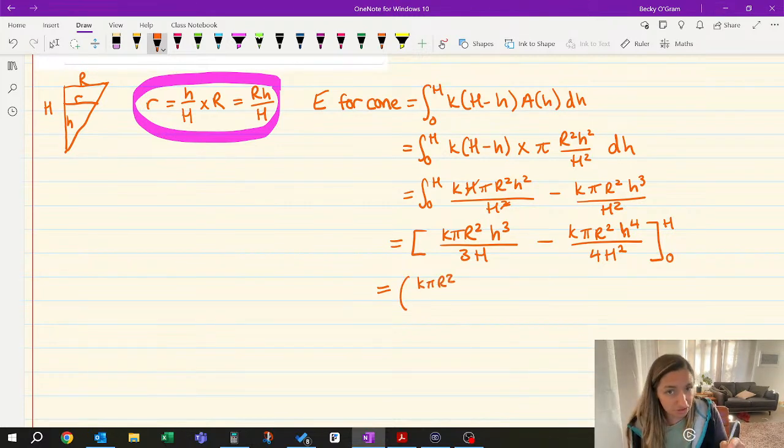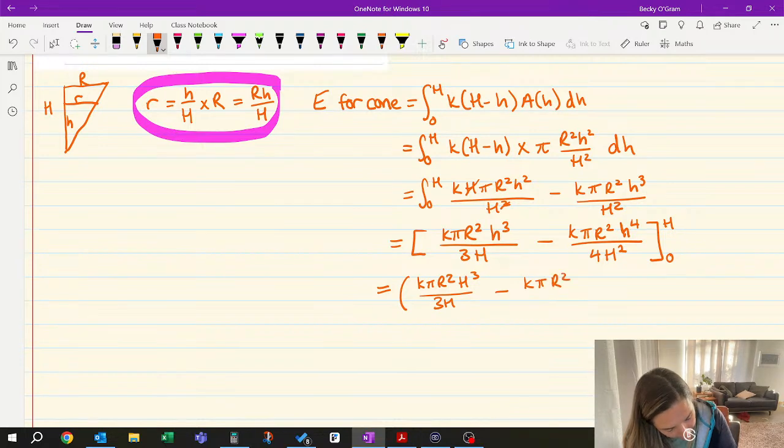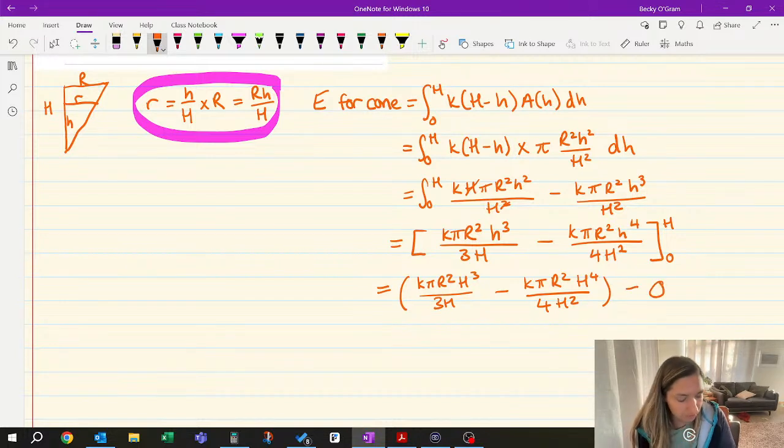Now, the h is going in for the little h. Stay with me, there's lots of h's flying around. So we have capital H cubed all over 3h minus k pi r squared capital H to the 4. Let me just rewrite that. All over 4h squared. And when we put a 0 in, it'll just be a 0. So that's an easy bit.